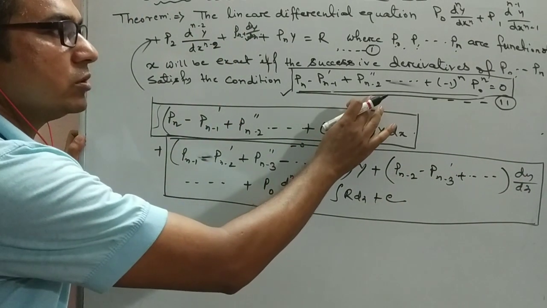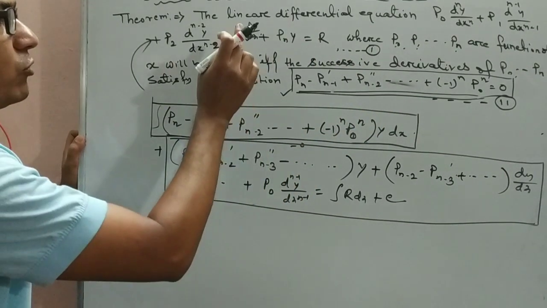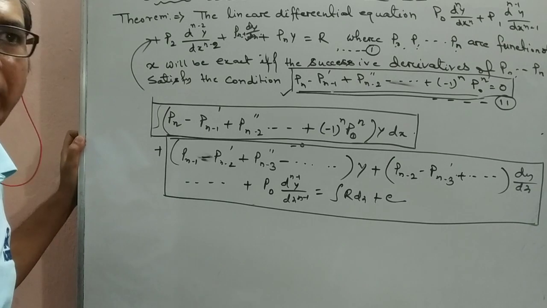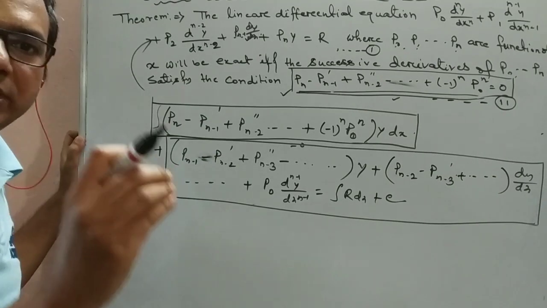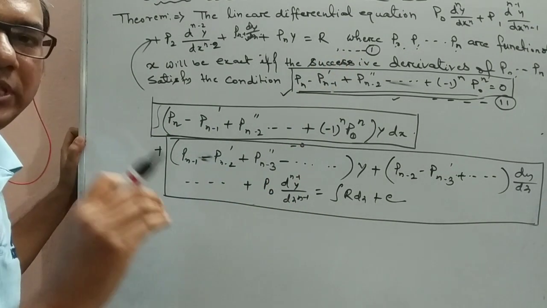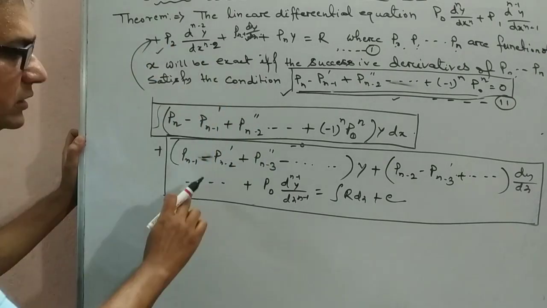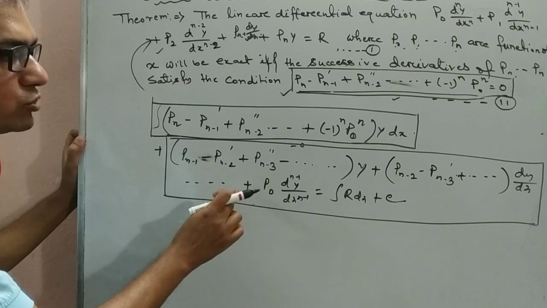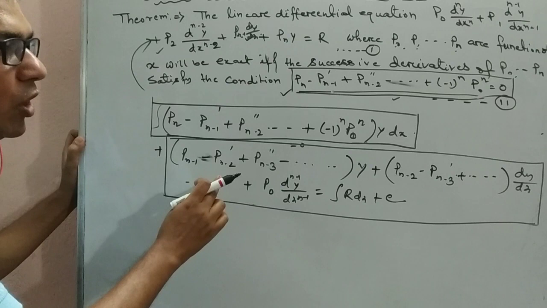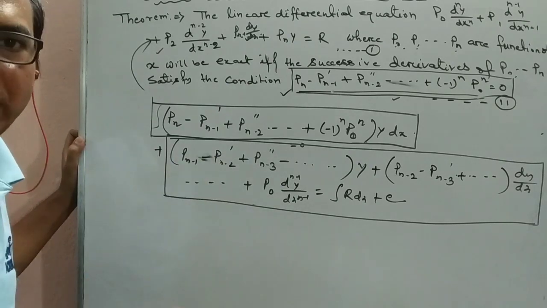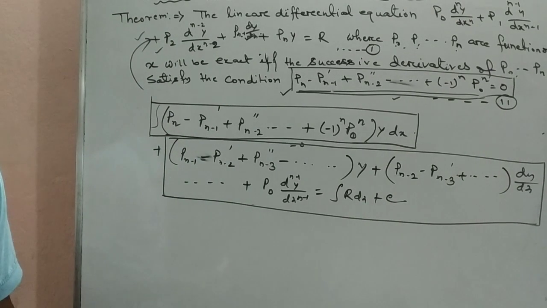So 2 is the sufficient condition of exactness of 1. And if we satisfy condition 2, then we get the solution of 1 as this. This is also the formula for evaluation of the first integral of this type of differential equation, which is exact.